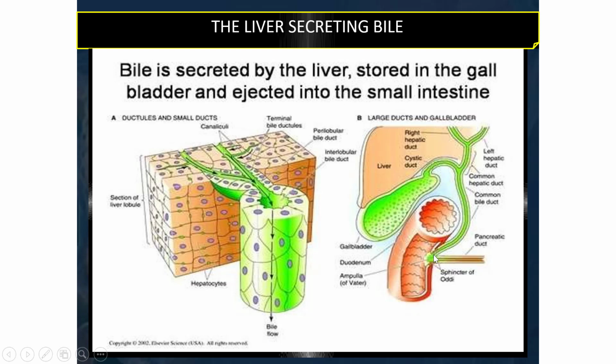You have already read all this in your 11th and 12th classes also. So that is how the bile, along with the pancreatic juices, reaches the duodenum.